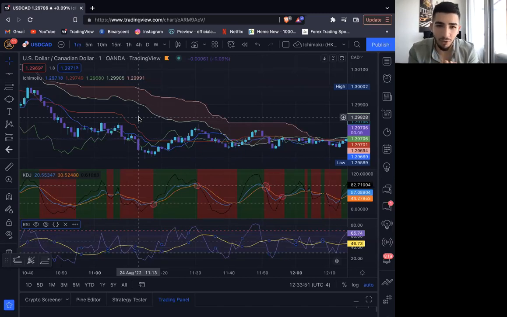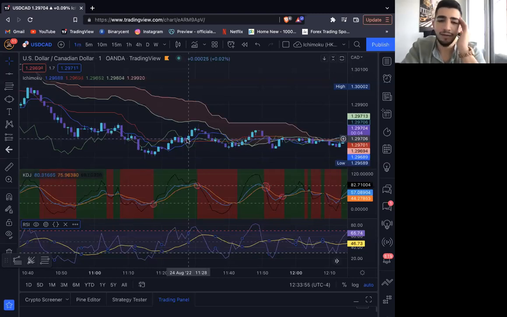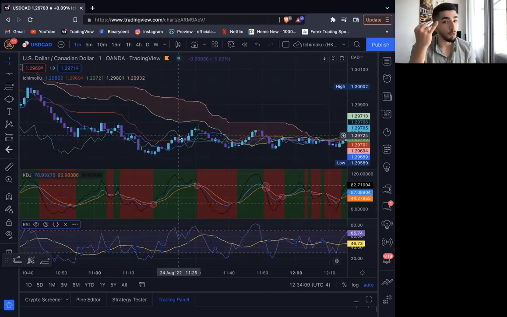Can you guys let me know what's my sentimental indicator on my screen right now? Which one is my sentimental indicator? Ichimoku, lovely. So, 1, sentimental indicator, check.